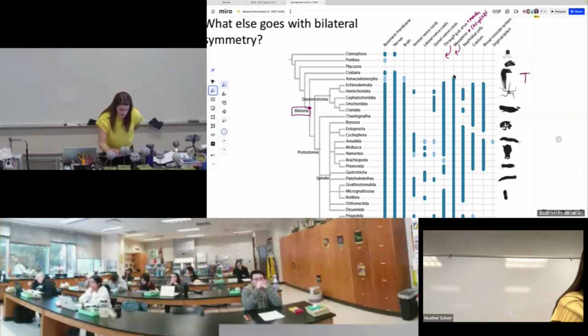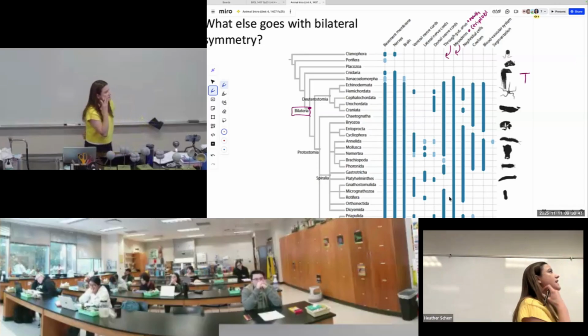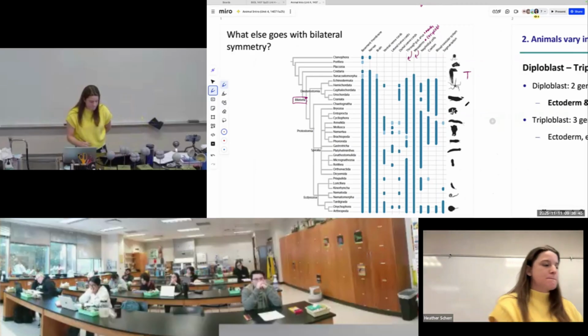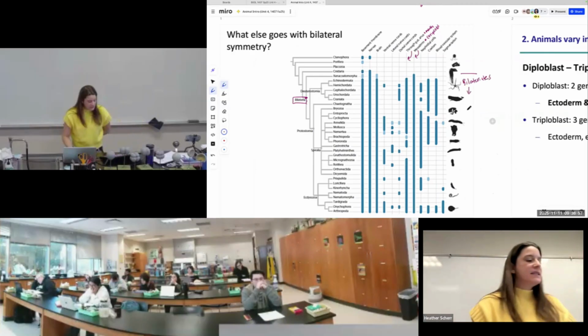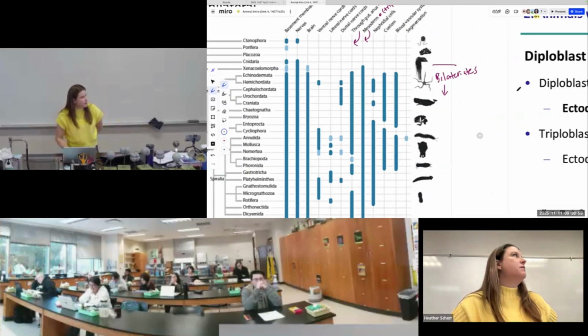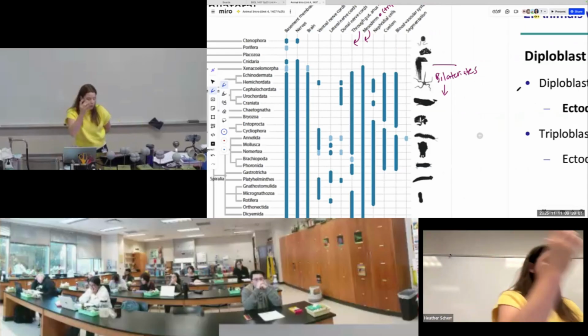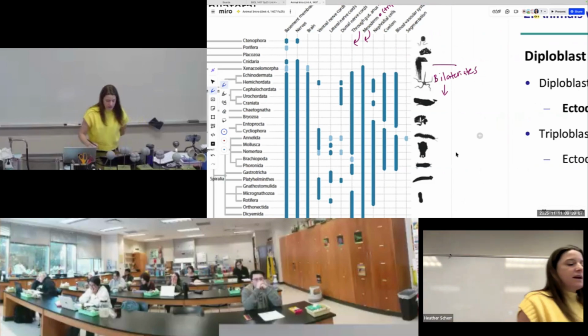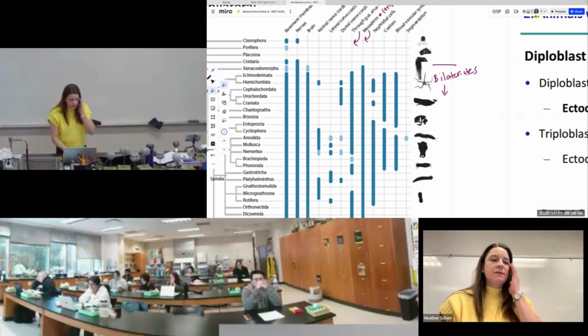So everybody else is bilateria, and you can see, in fact, that line showing the mesoderm or triploblastic is everybody except for those non-bilateria groups. So bilaterians have bilateral symmetry, mostly they do, at least at some point in their life, and they are triploblastic, meaning they have all the germ layers, all 3.